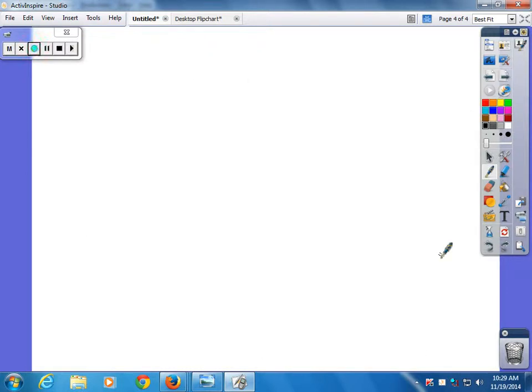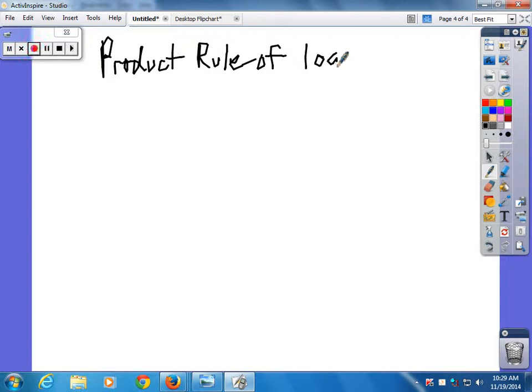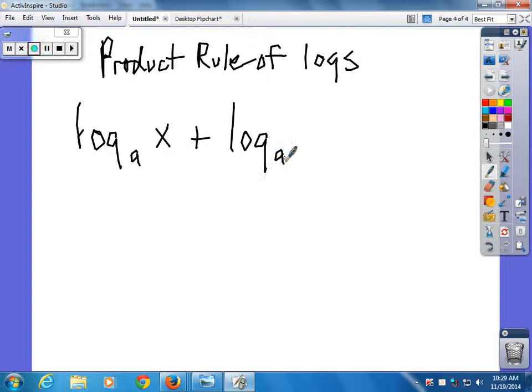The second is the product rule. Log base a of x plus log base a of y is equal to log base a of what?